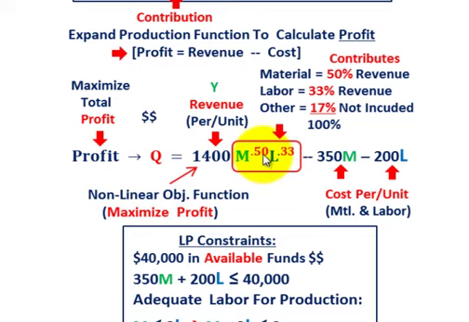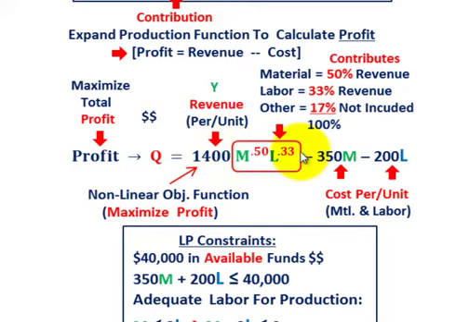So we multiply material times the 1400, but we're also going to be multiplying our labor times it. It's all one multiplicative amount here. So our labor is going to represent 33% of the revenue, that $1,400. The labor amount, we raise it to the exponent of 0.33, or 1/3, so it contributes 1/3 to our revenue.